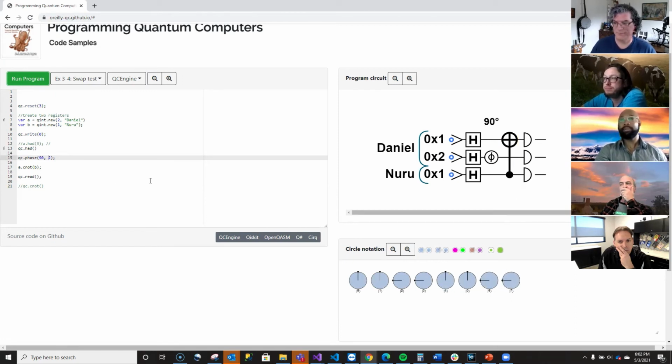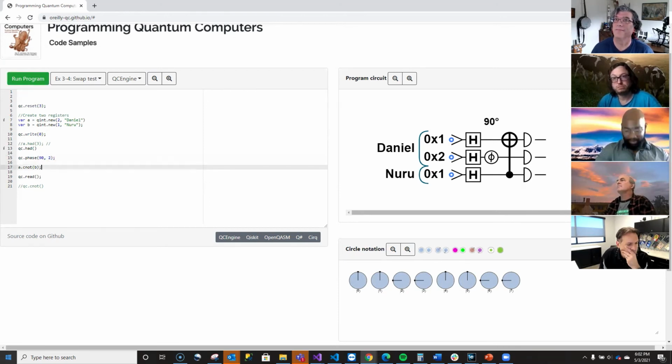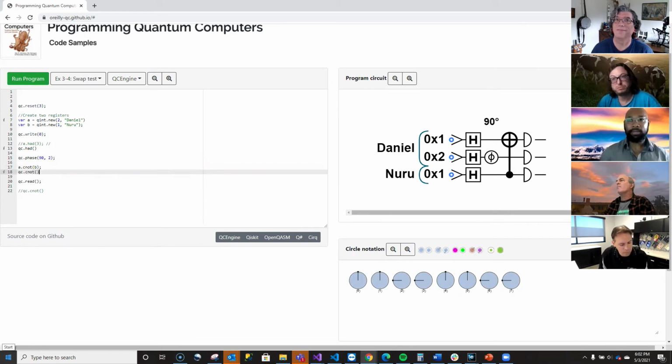Now let's make it a little more interesting. So we did A, C0, B. We can also do QC, C0, 1.